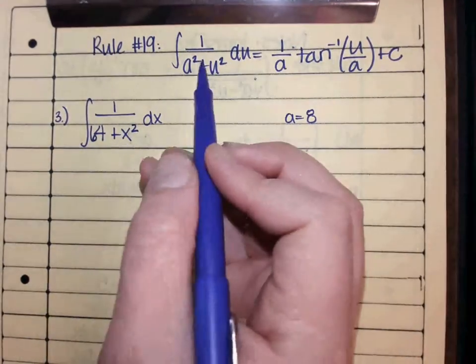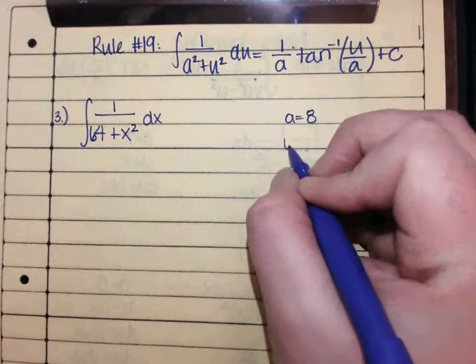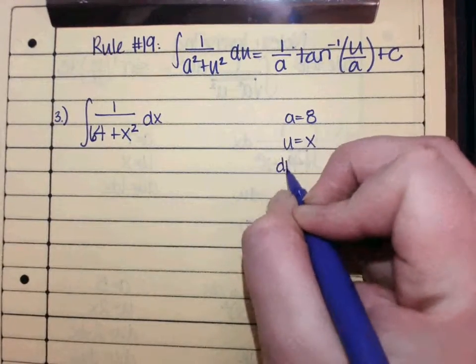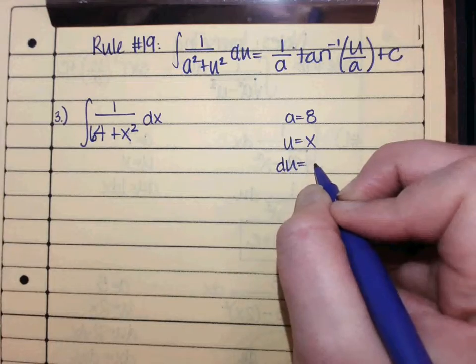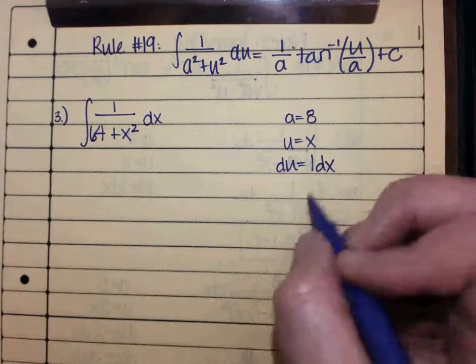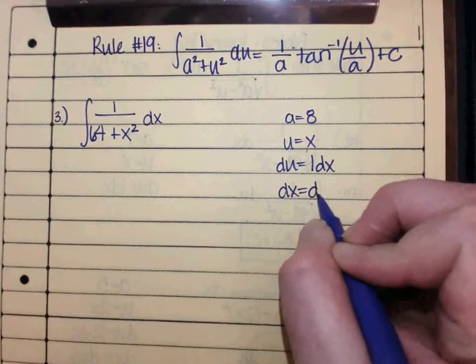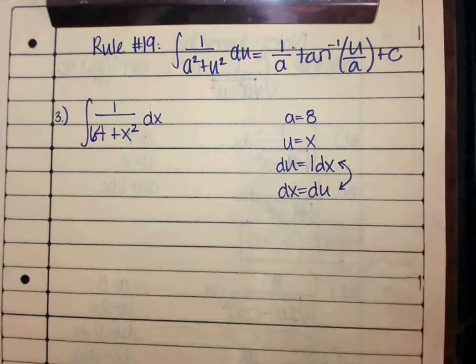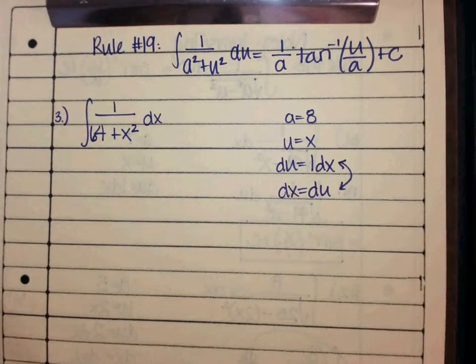Now if x squared is u squared, then what's u? X. Then du is just 1 dx. And if those are the same, I'm not going to have any extra substitutes. You can write dx is du, but technically these are the exact same thing, so there's kind of no point in writing it.